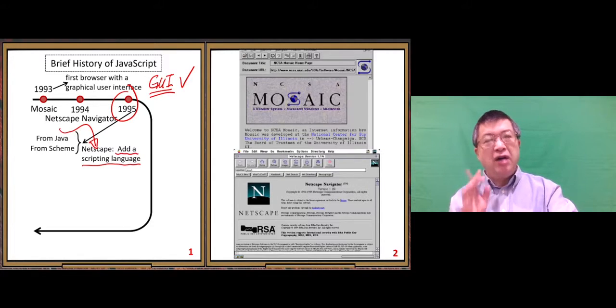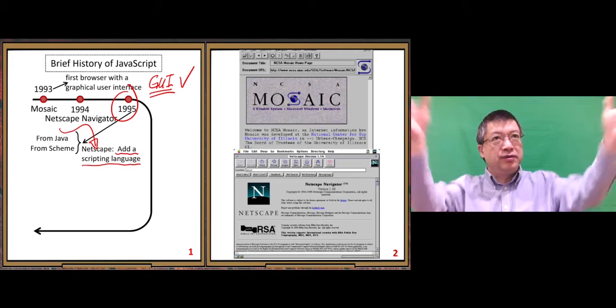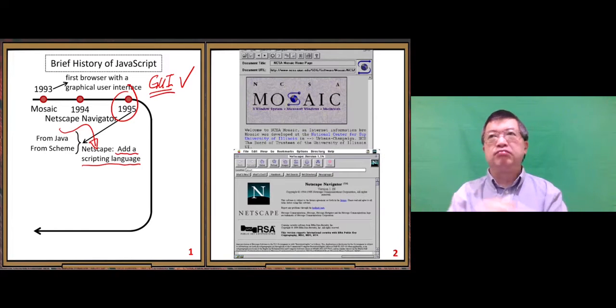The second idea came from another scripting language, not very well known, called Scheme. Not many people know it. So they tried these two routes. After they tried, none of the routes was successful.